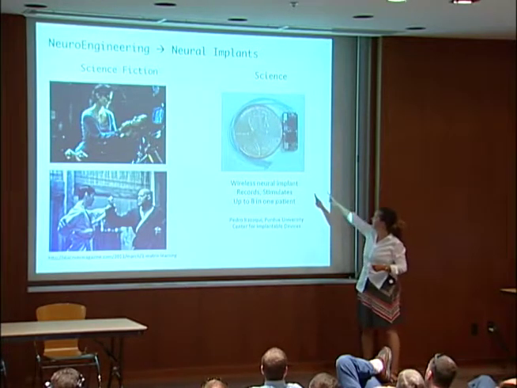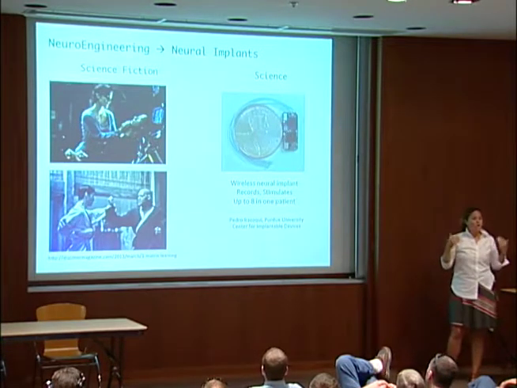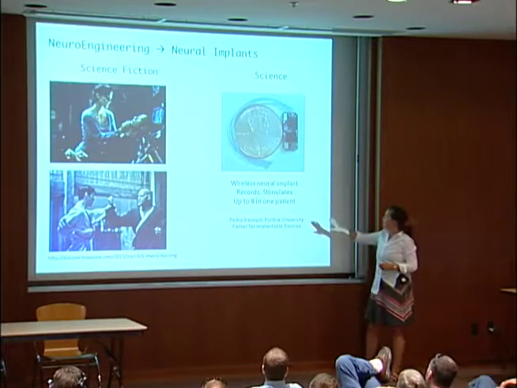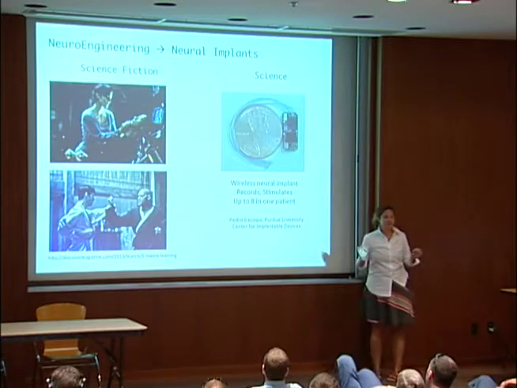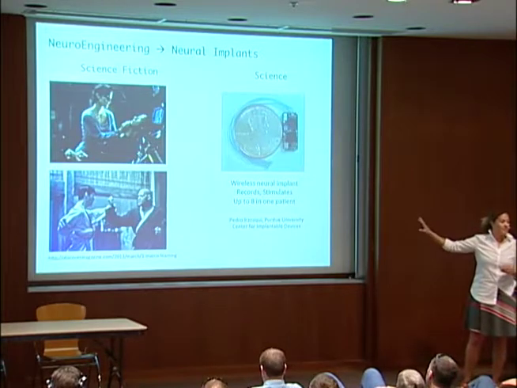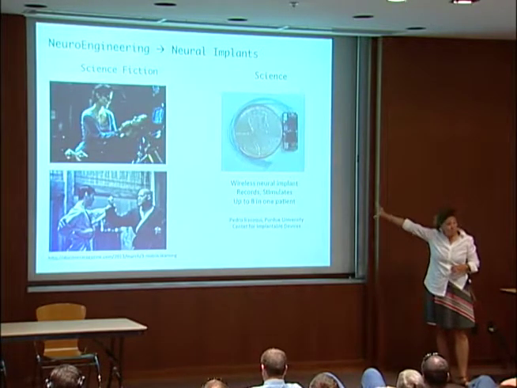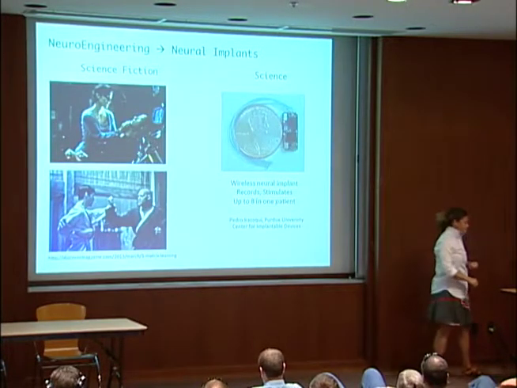This comes from his lab. This is the latest in their wireless neural implants. All of the power and communication out is totally wireless. It both records and stimulates the brain. And of this size, they can put up to 8 in one patient. So that's the state of the art right now in putting fully functional, programmable devices into the brain.